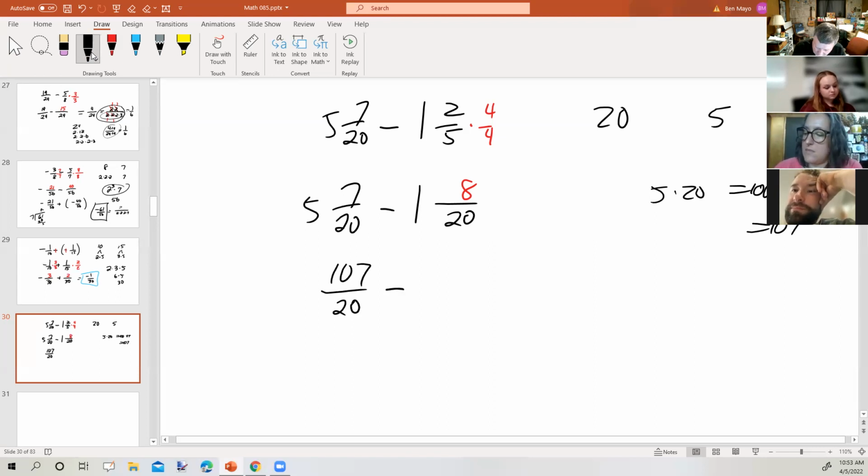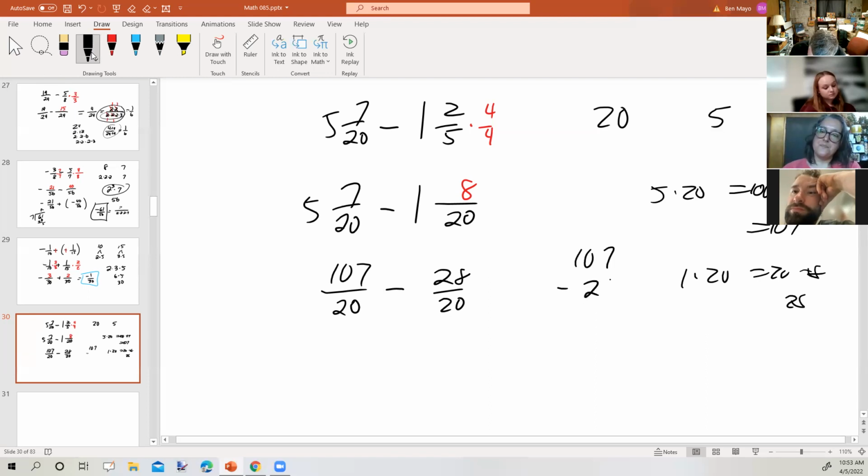Okay, minus 1 and 8/20. 1 times 20 is 20, plus 8 is 28, so 28/20. Okay, so now we're going to take 107 minus 28. So we're going to borrow and carry.